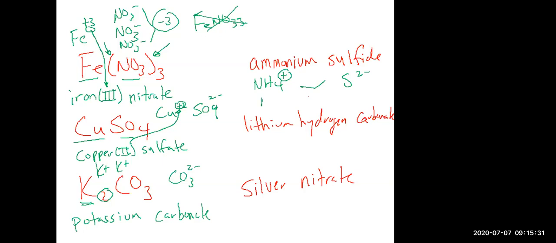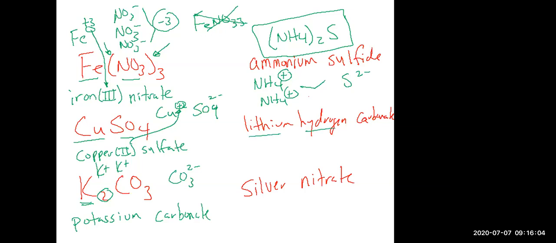We need a grand total of 2 of them to balance out the charge. And because that is a polyatomic ion and I need more than 1 of them, I need to put it in parentheses with the 2 on the bottom. And I just need 1 of the S, and that would be the formula here. 2 NH4s, each at +1, gives me +2. 1 sulfur at -2, or sulfide, gives me -2, so +2 and -2.